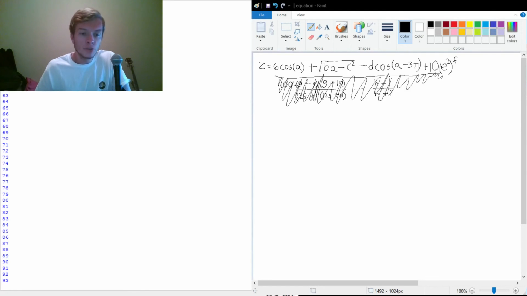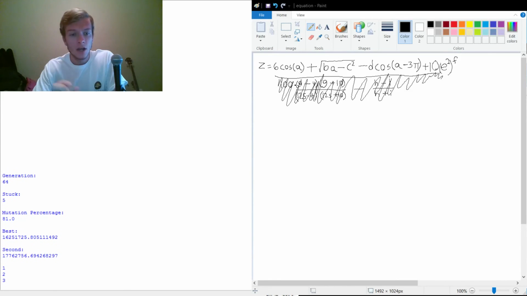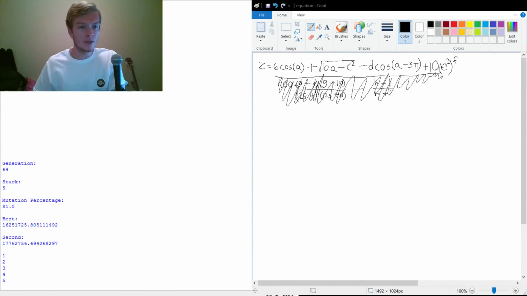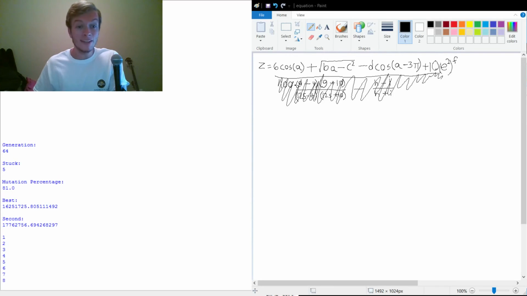This variable 2 times variable 4 is a good piece, because the actual answer was completely multiplied by variable 4 and involved variable 2 and variable 3. So it was going along the right track, but this was at generation 162, and it actually made this improvement way back at, I'm looking for it, generation 52.